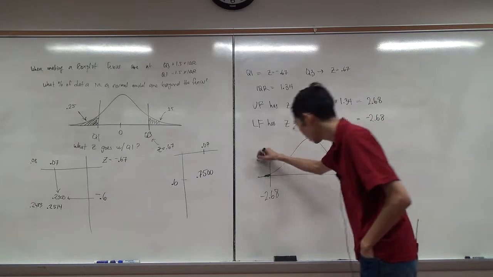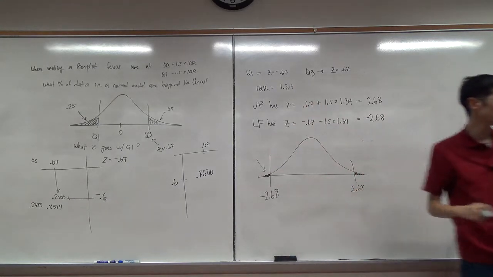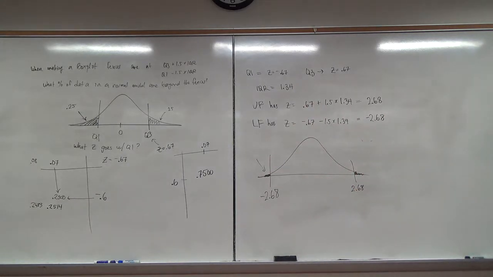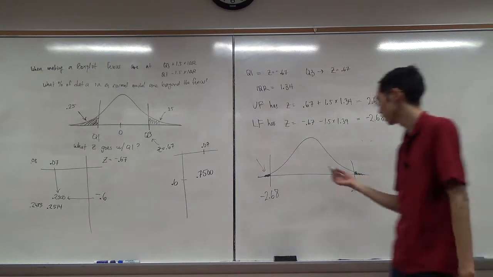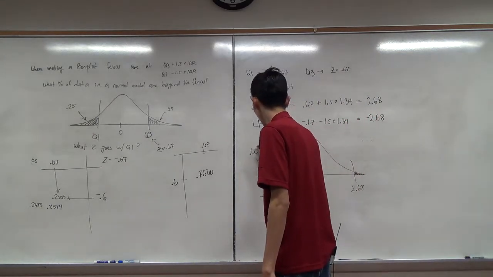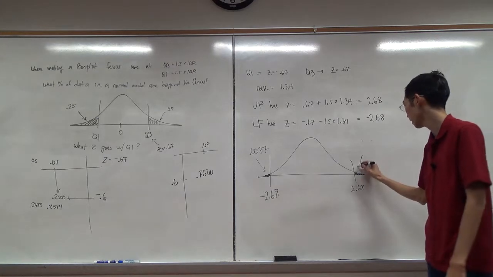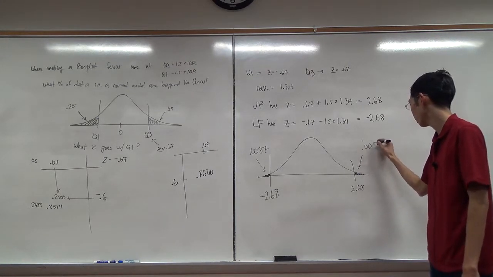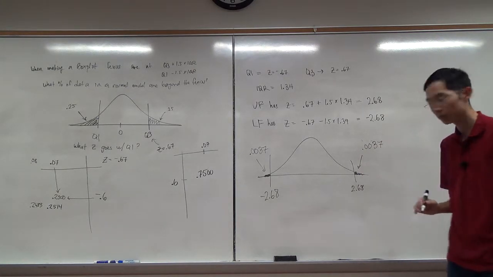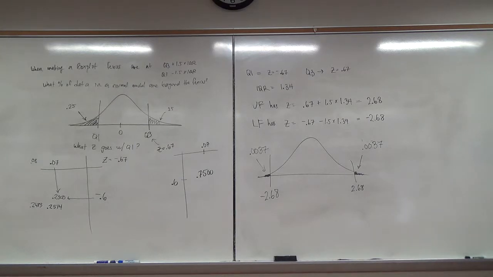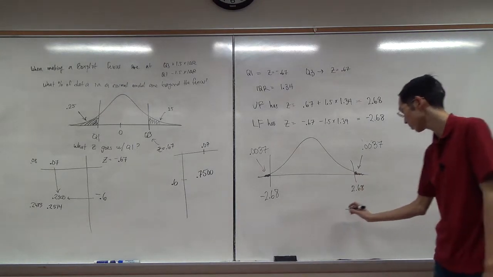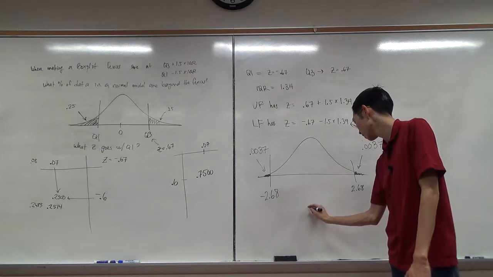If I go to the table, the area shaded beyond negative 2.68 is equal to 0.0037. And over here I would also have the same, 0.0037. So if I add those two together, I have the total area.